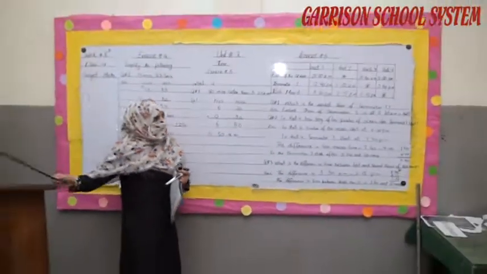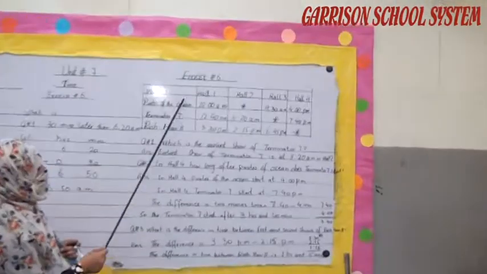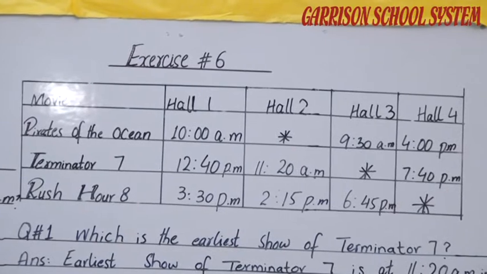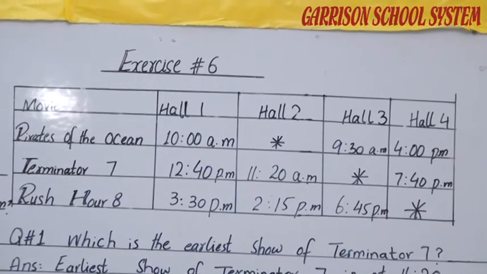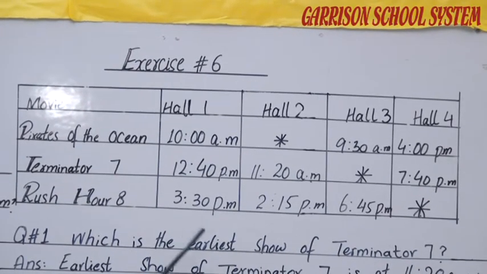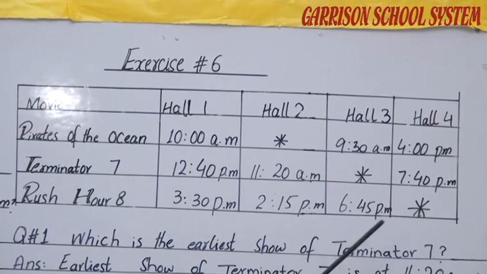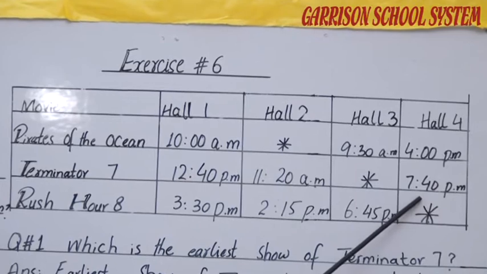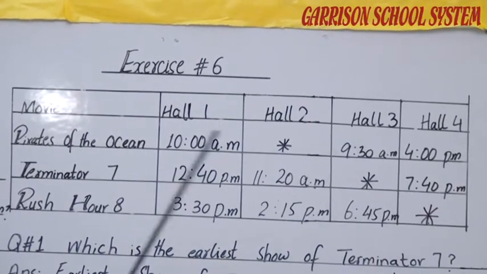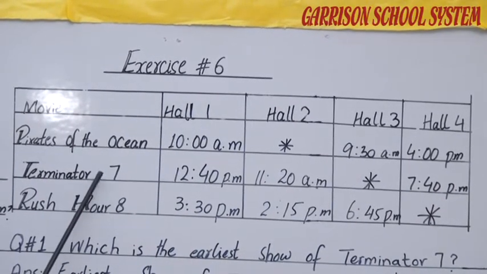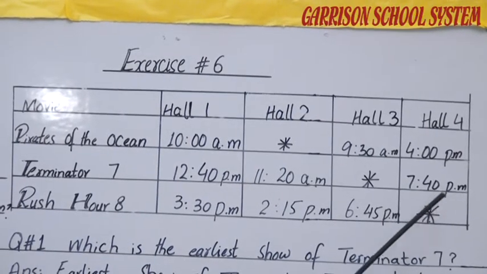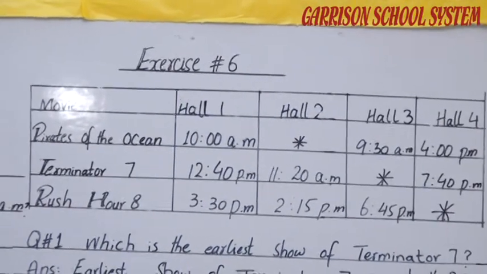For question number 5, look at this table. Here is 7:40 p.m. 7:40 p.m. is the last show and this is Terminator 7. Terminator 7 is the last movie in hall 4 at 7:40 p.m.